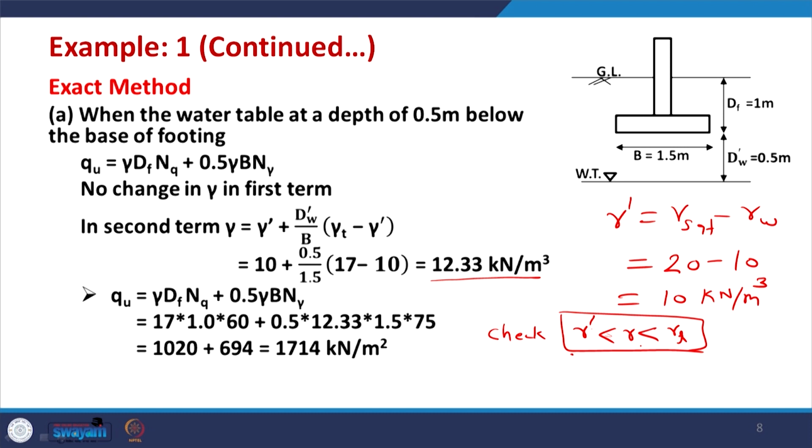As I said, because the water table is located below the base of the footing, only the second term gets affected while the first term does not. Then you put in the numbers, and the answer comes out to be 17.4 kilonewton per meter square. Naturally, as an effect of the water table, your bearing capacity is expected to decrease.